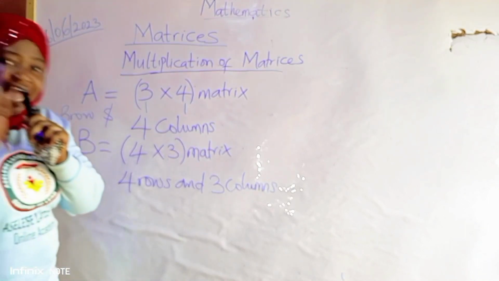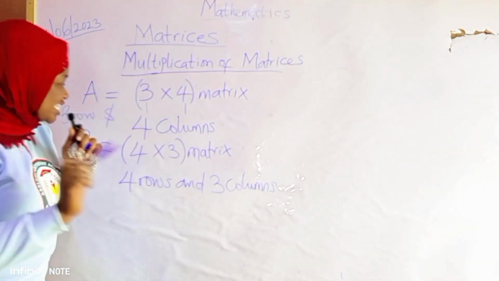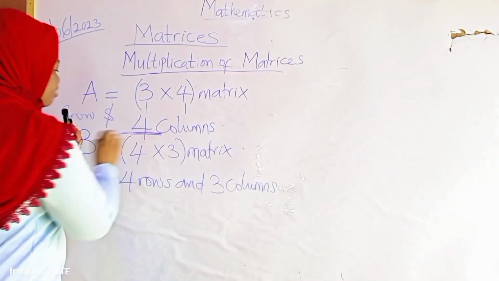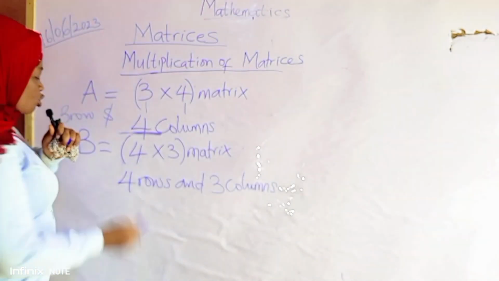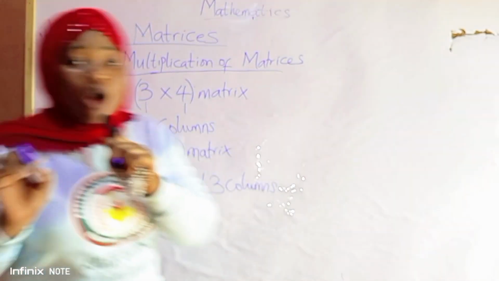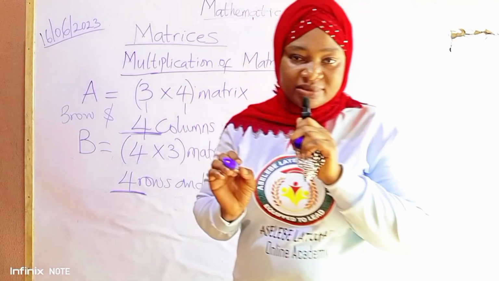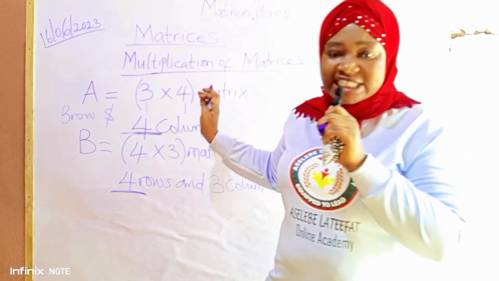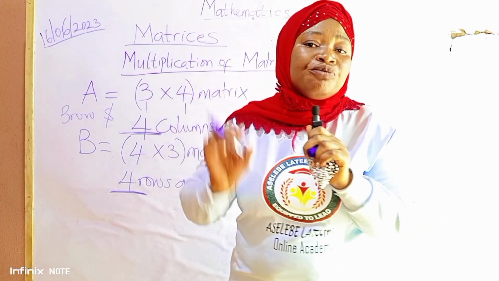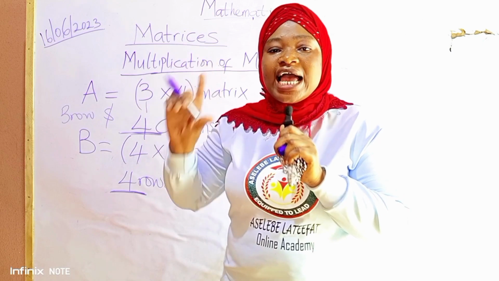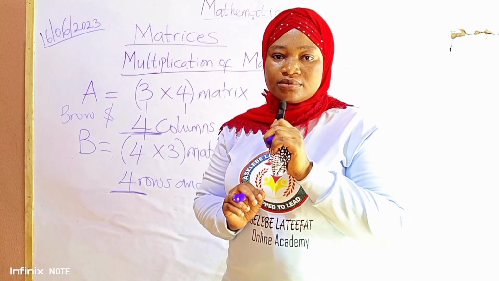So what I told you is that you check the column of the first matrix, then you check the row of the second matrix. If the number of columns of the first matrix is the same thing as the number of rows of the second matrix, then you can multiply the matrices together.